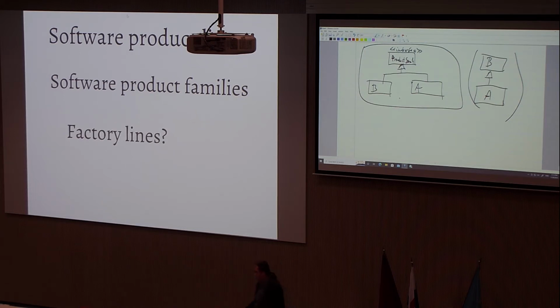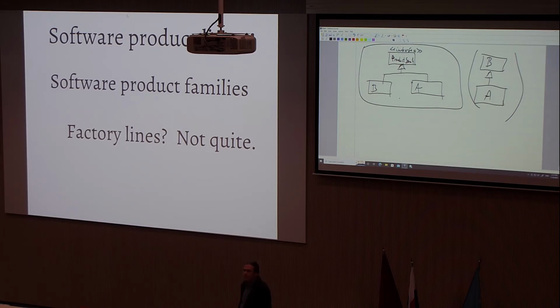It is not a line where people are standing, each one of them doing particular things, passing the product along. This is not the metaphor. The metaphor is on this side, not on factory lines. So a line of products, a set of similar products.